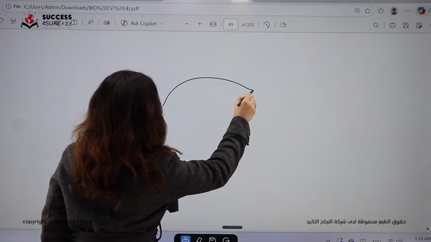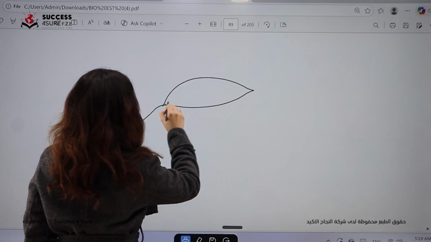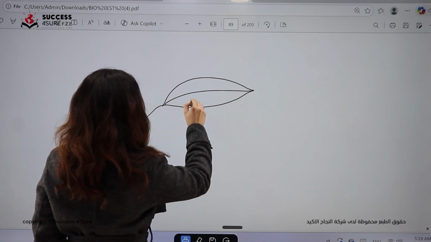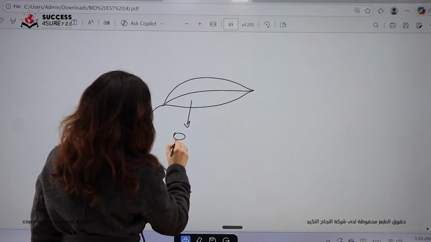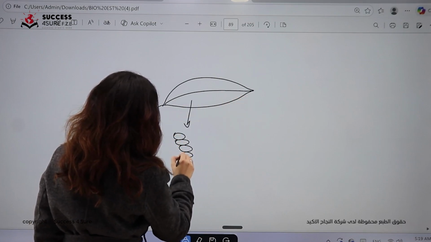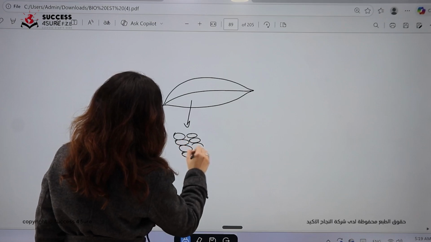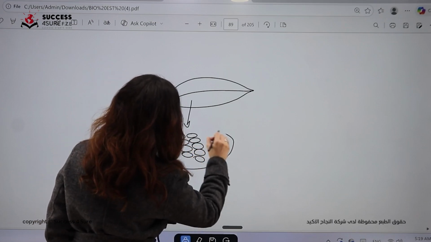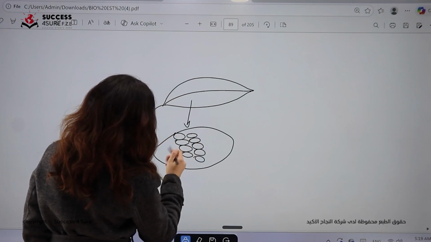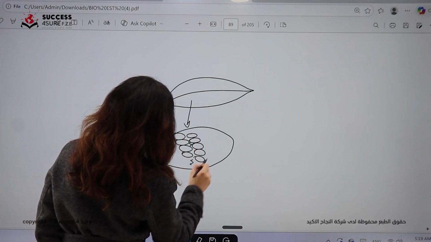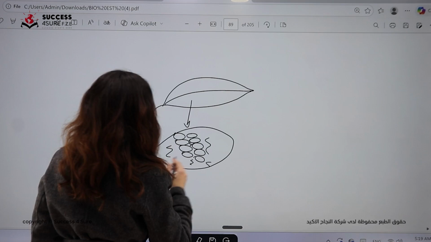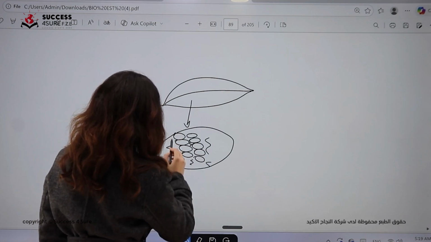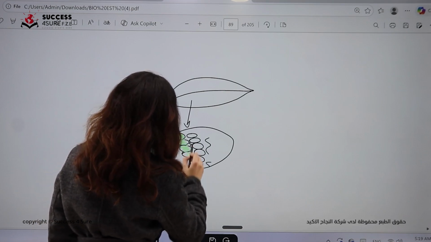For example, here we have the leaf, and inside of the leaf, we have these thylakoids that are inside of the chloroplast, and we have between them the stroma. Now the color here is going to be green.